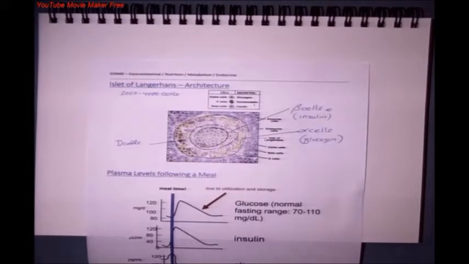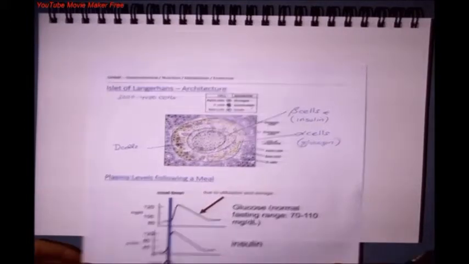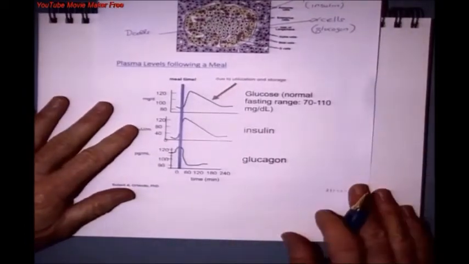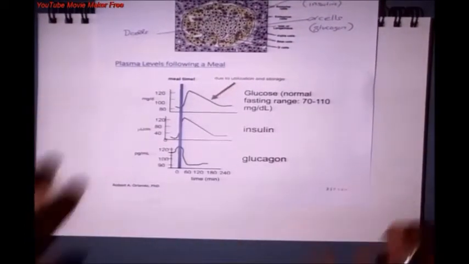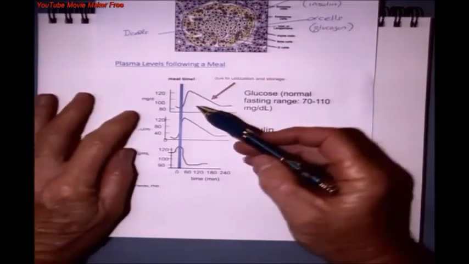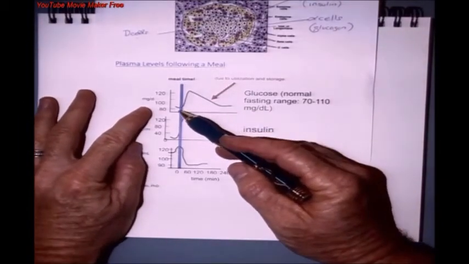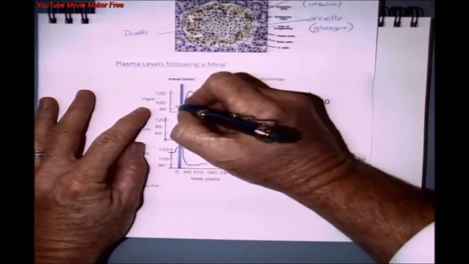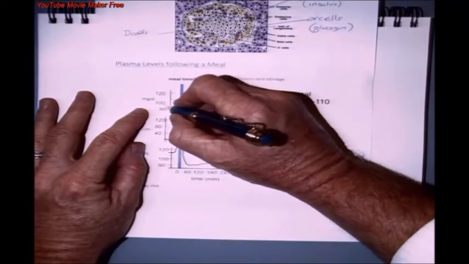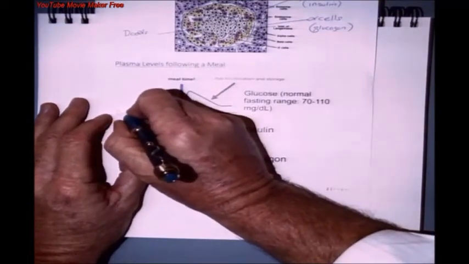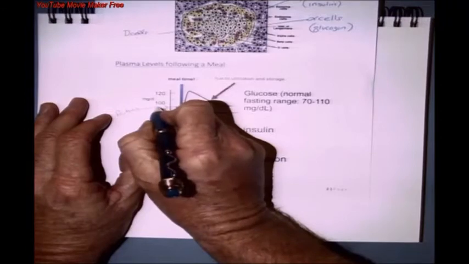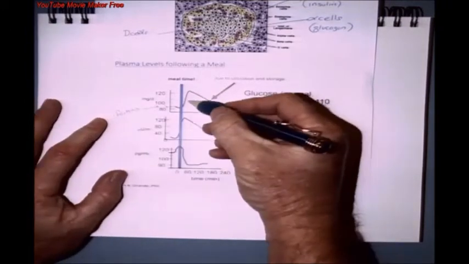Now, let's jump back to our plasma glucose levels here. So the top graph, the top chart here, is showing you exactly what we looked at before. Here's our basal glucose level. This is our fasting level. And then here's mealtime.